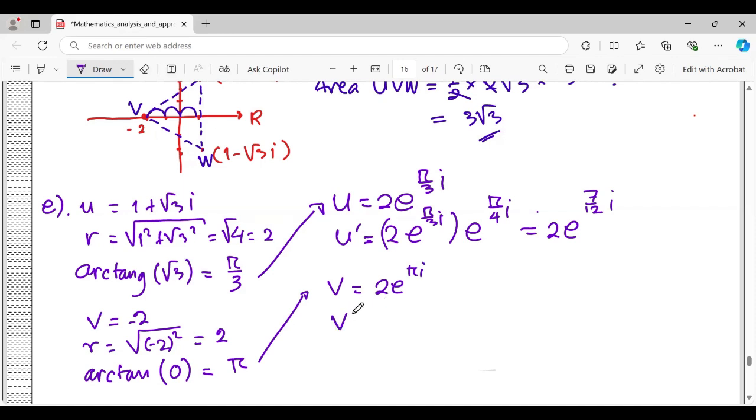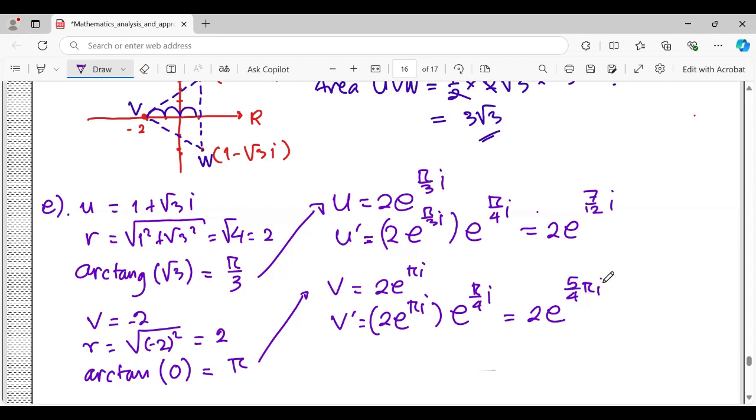To find v', it means 2e^(pi i) times e to the power pi over 4 i. And it is 2e to the power, 1 plus 1 over 4, it means 5 over 4 pi i.